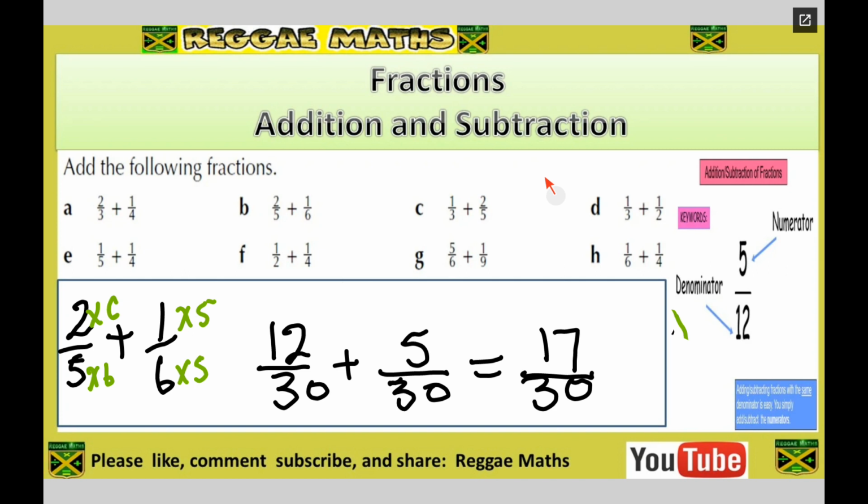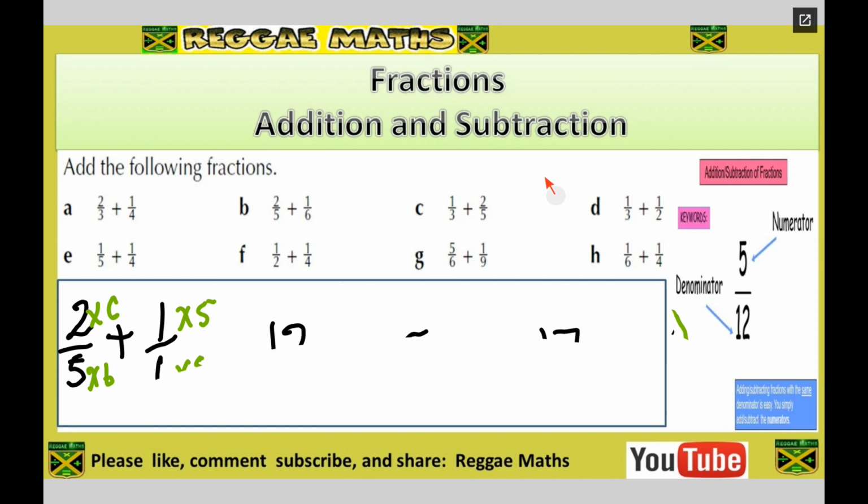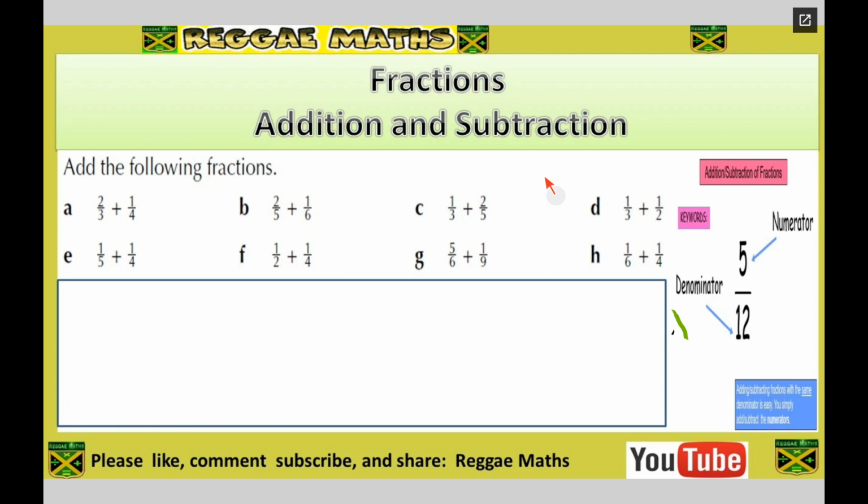Next, I'm going to look at questions F and H. So F is a half plus a quarter. Again, let's work out the lowest common denominator.